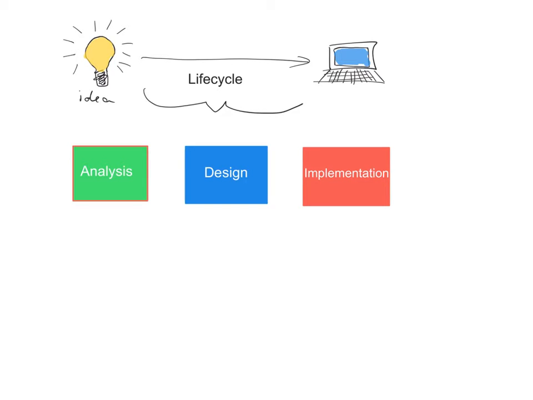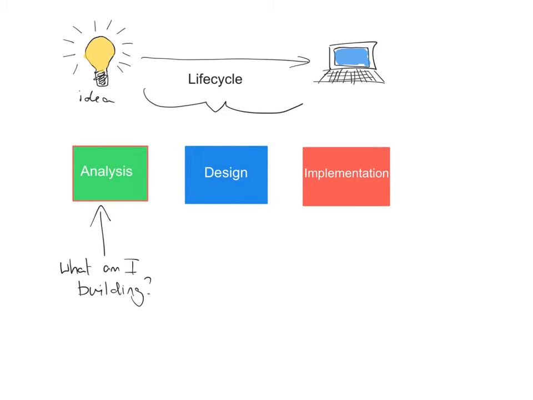Now the analysis phase includes the elicitation of the requirements primarily, but it can also include what you call analysis diagrams, which can be UML, it can be other sorts of diagrams that help you to discover exactly what it is you are going to build. So let's just explore that then.